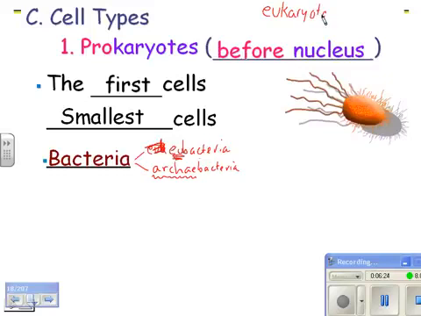So the eukaryotes are the complex, big cells, right? Big, complex. You're eukaryotic. U means true, so true nucleus. U means true, so true bacteria. So this is just the regular old kind of bacteria that we have today. Eubacteria are prokaryotes. That's kind of tough, isn't it?